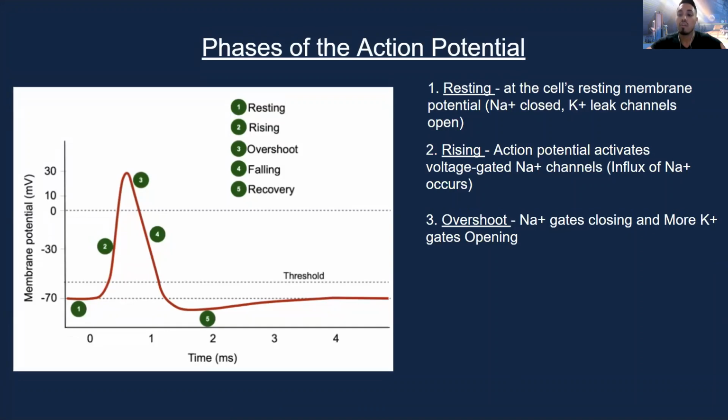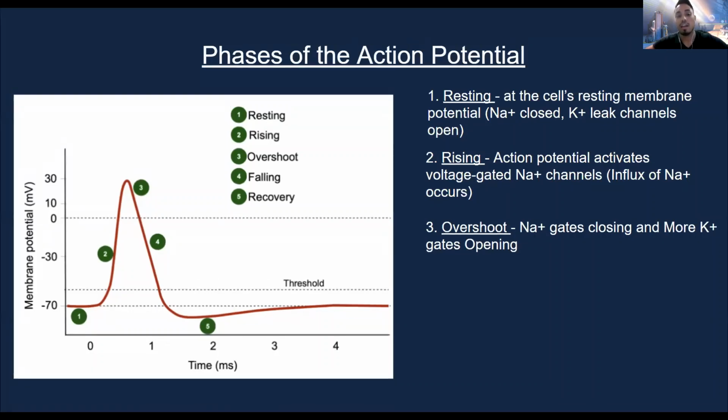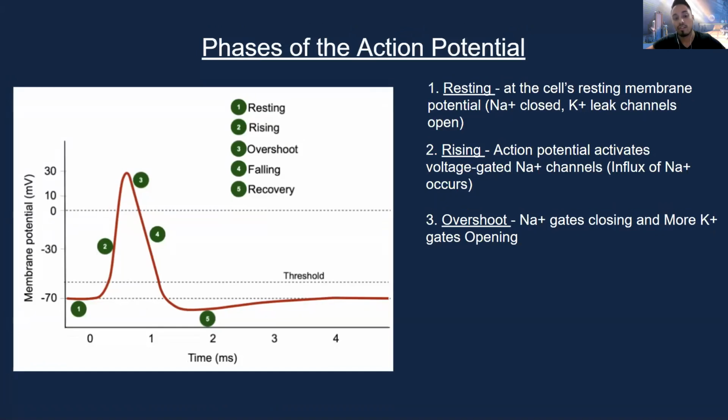Now we know that sodium concentration is higher outside the cell, and now it's closed so it can't come in. Now the potassium channels open, meaning potassium can go from inside the cell to outside the cell. That's going to carry positive charge from inside the cell and cause it to leave the cell. And that's why you see that downward trend from steps 3 to 4.